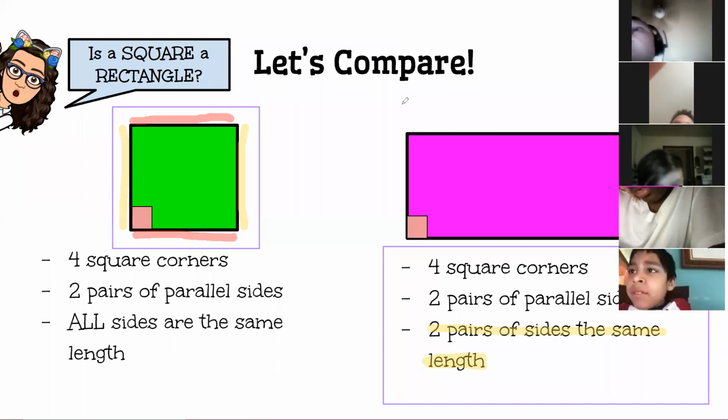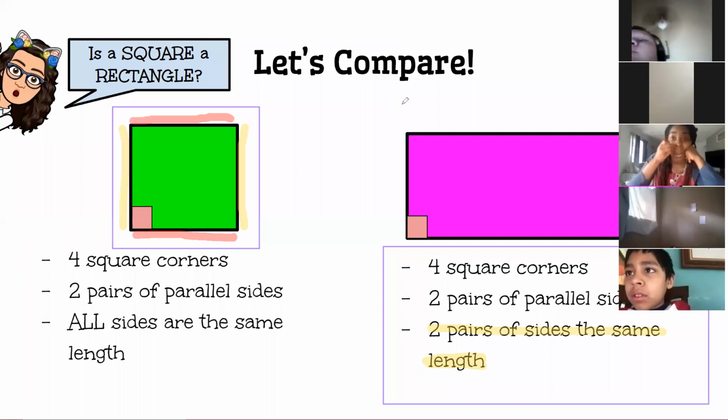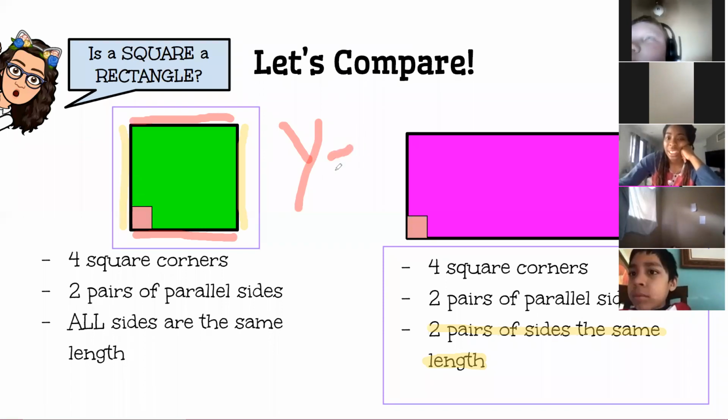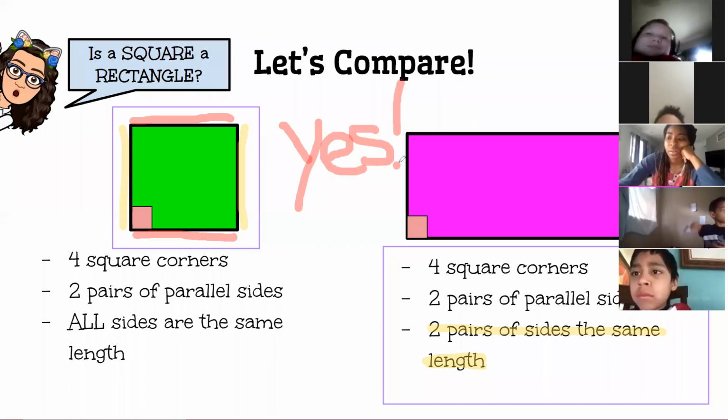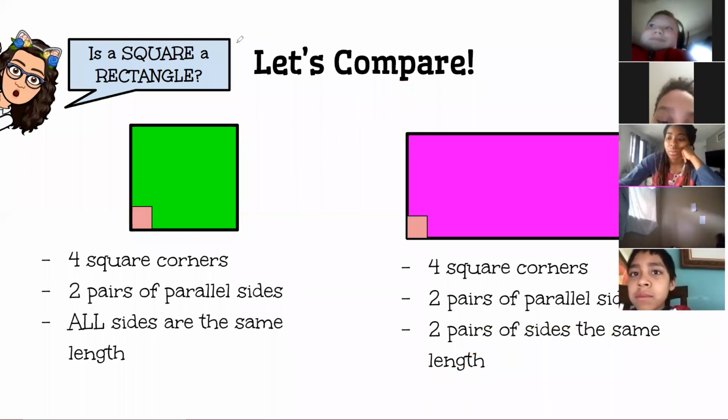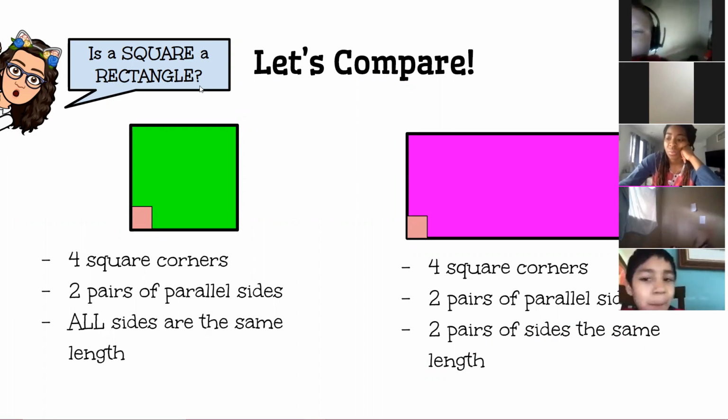Okay. So is a square a rectangle? Most of you were correct. Is a square a rectangle? Yes. That brings us into our next question. Is a rectangle a square?